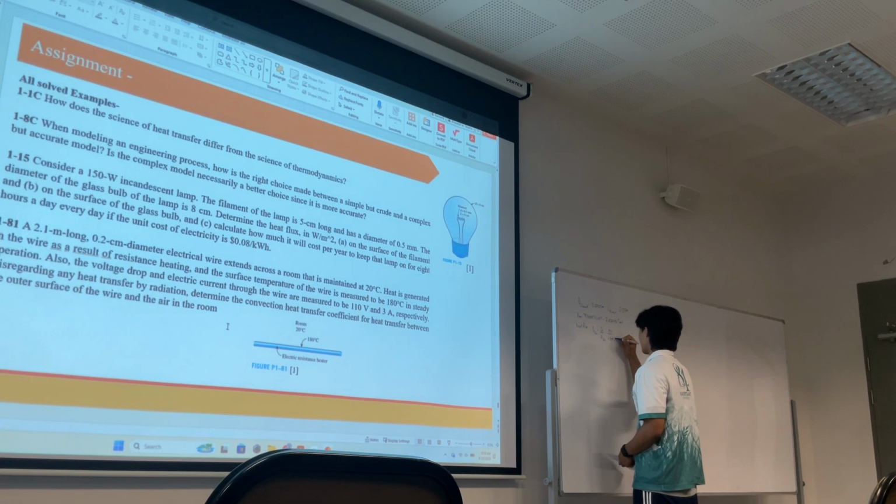Heat transfer rate divided by the area. That's what heat flux is.